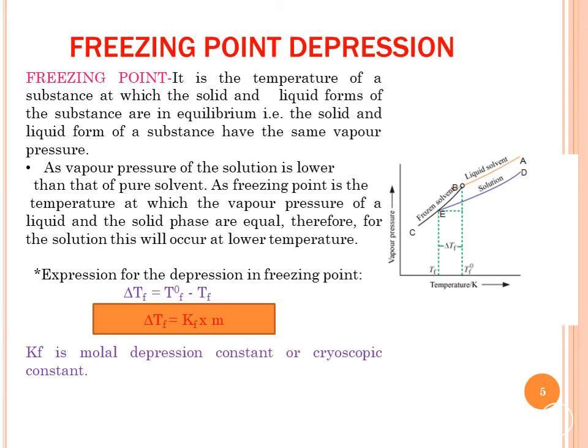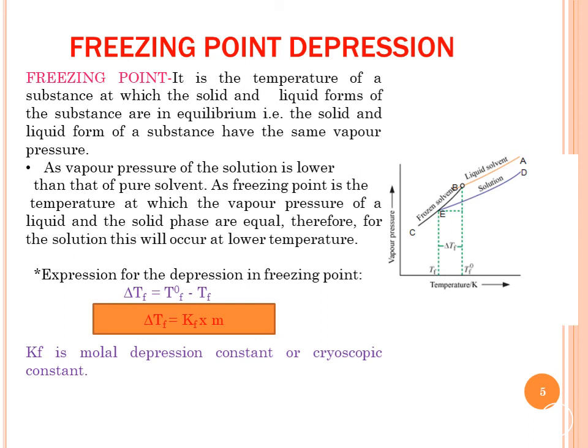It is taken as T F. The difference between T F naught and T F is called delta T F, the depression in freezing point. So delta T F is equal to T naught F minus T F.